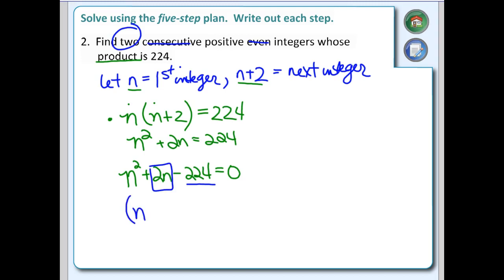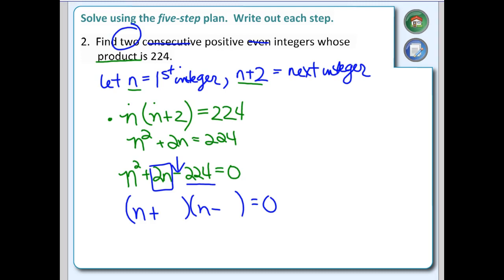So we know it's got to be n and n. And if we look at our signs, one has to be plus and one has to be minus. Now, here's the hard part. I need two numbers that multiplied give 224 and added together give me positive 2. And they can only be two places away from each other, so they're probably going to be in the tens family.